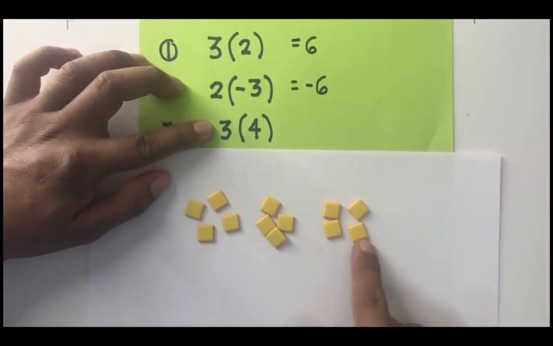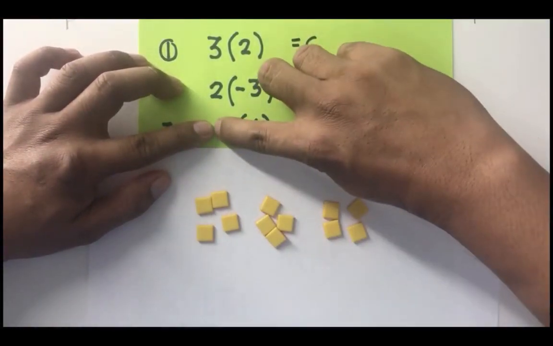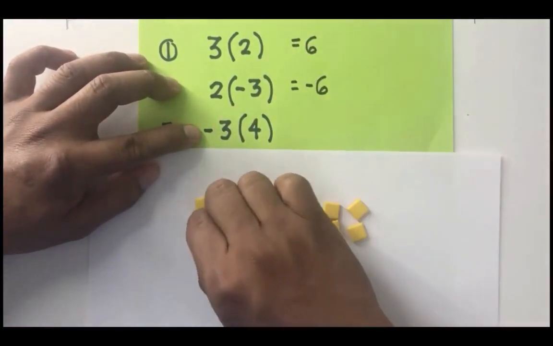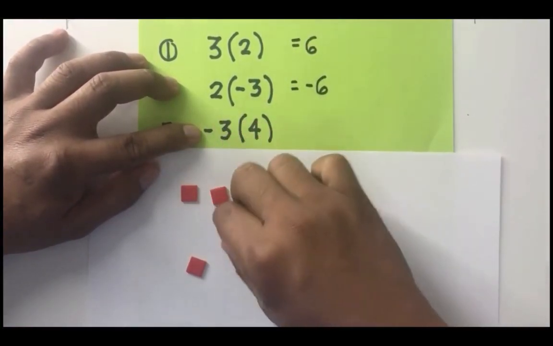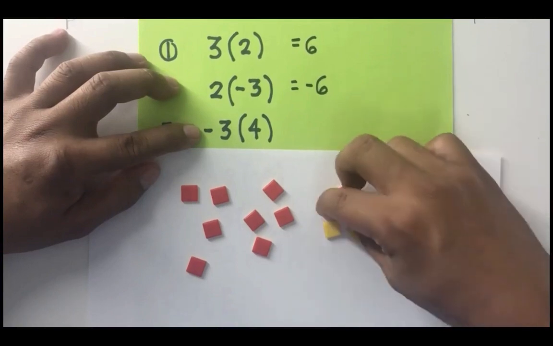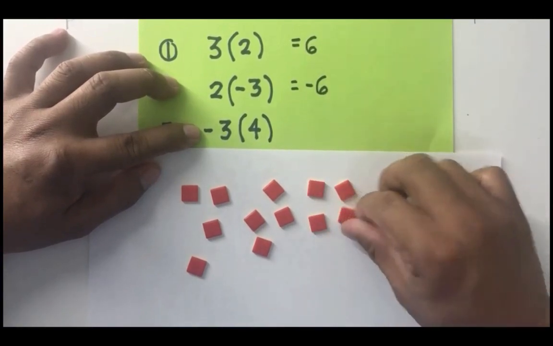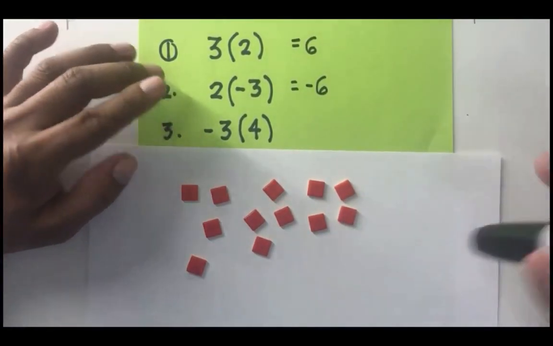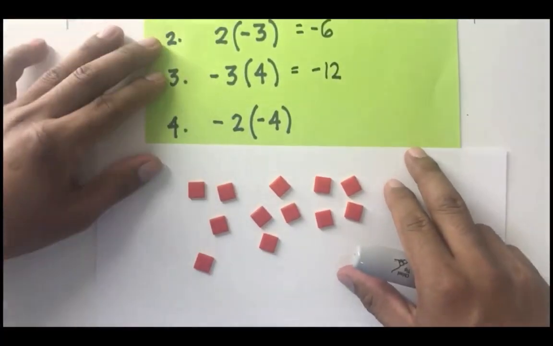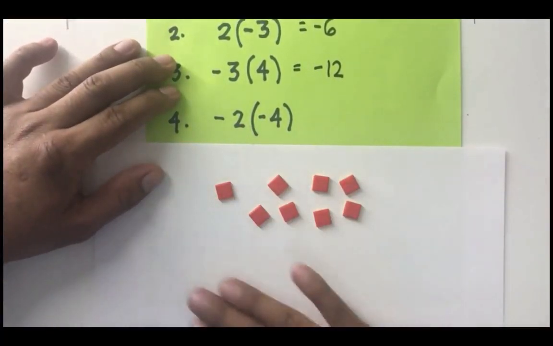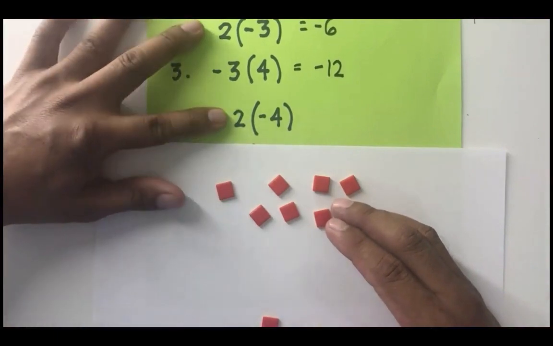Together, it's 12. But since there's a negative sign here, we are going to flip everything over to indicate the opposite sign. And so, we have negative 12. And then, when you have negative 2 times negative 4, again, cover the sign.